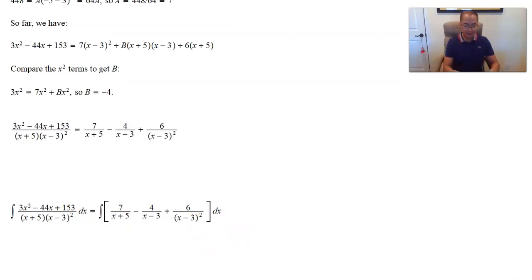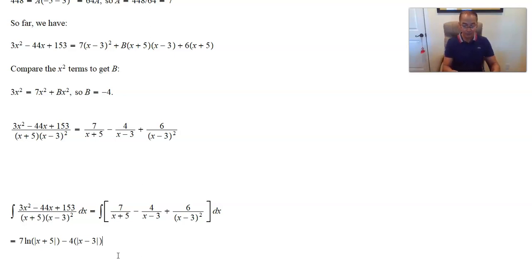We're going to get 7 ln of absolute value, here we go again, absolute value bars of x plus 5, and then minus 4 ln of absolute value of x minus 3. And we said that we will have plus 6 u to the minus 1 over minus 1.